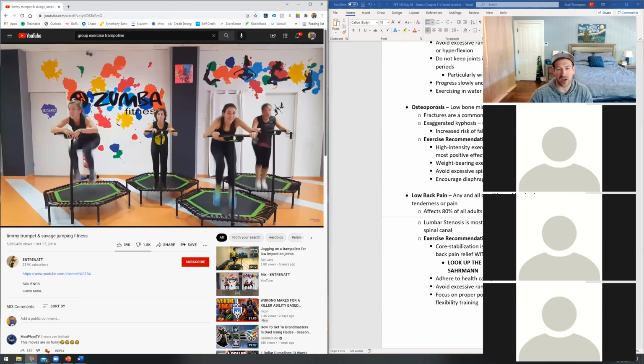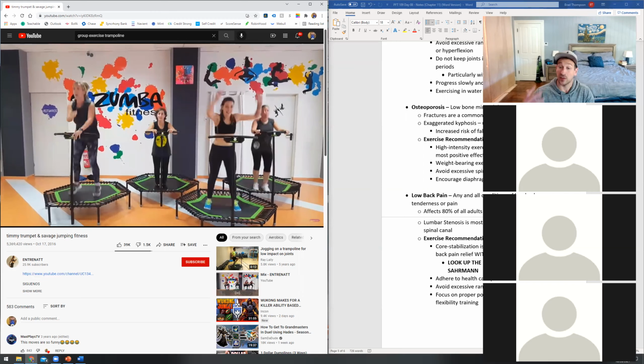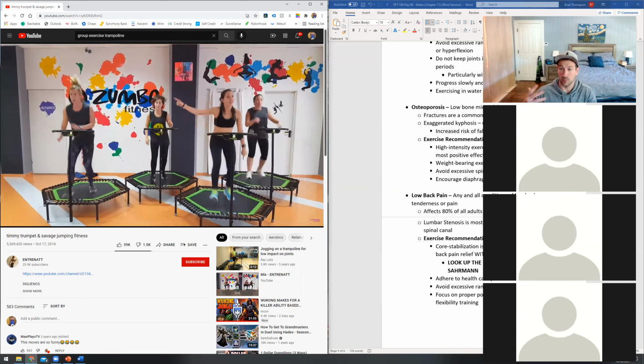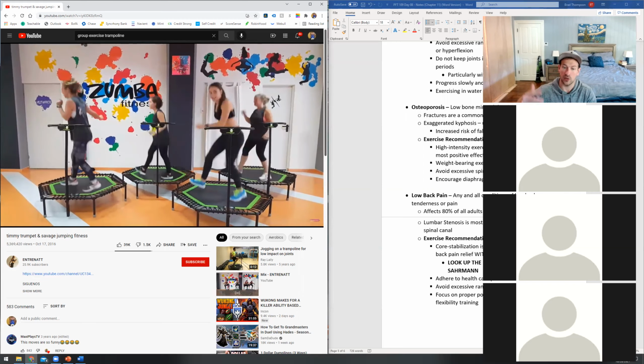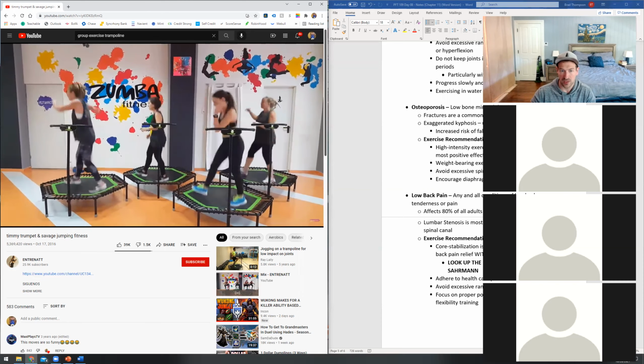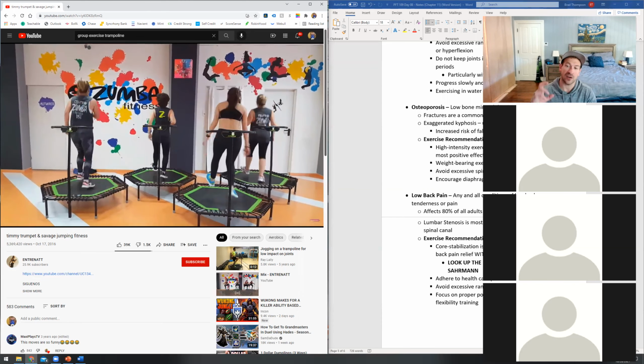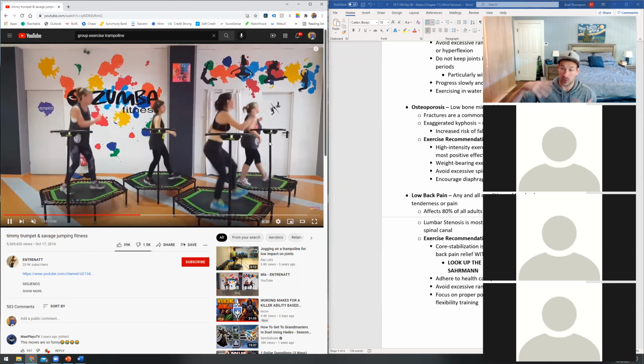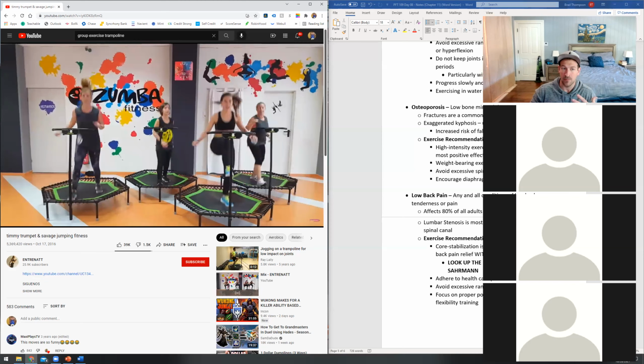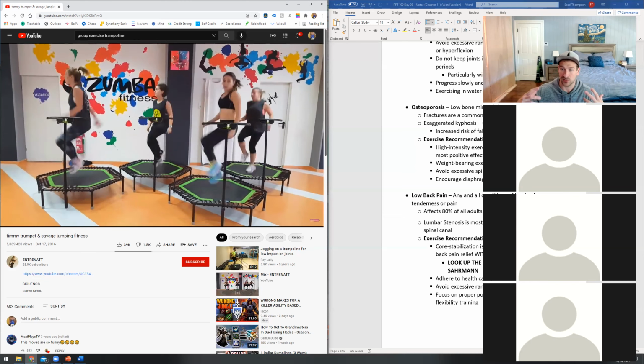Leukemia is basically an overaccumulation of cancerous white blood cells. With lymphoma, your lymphatic system, which is moving fluid around your body, will often get cancerous.